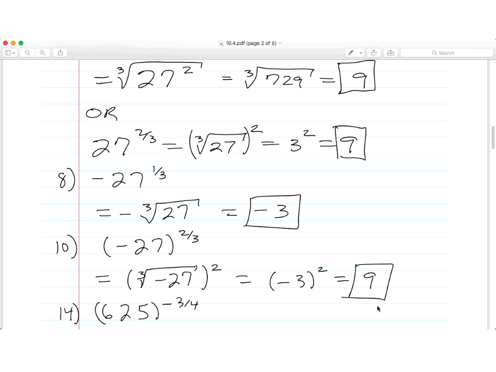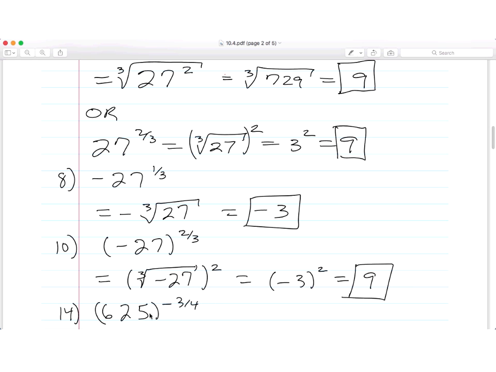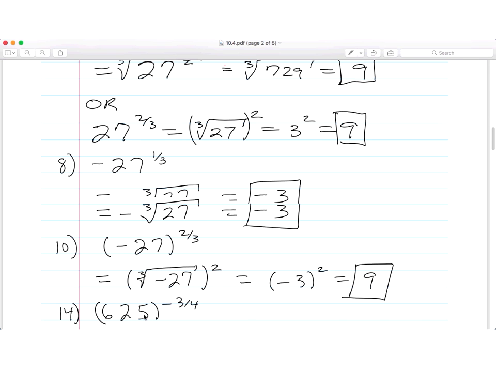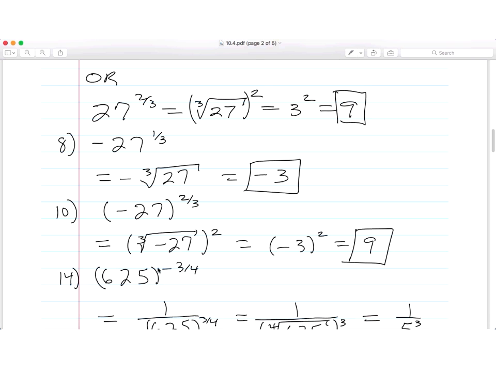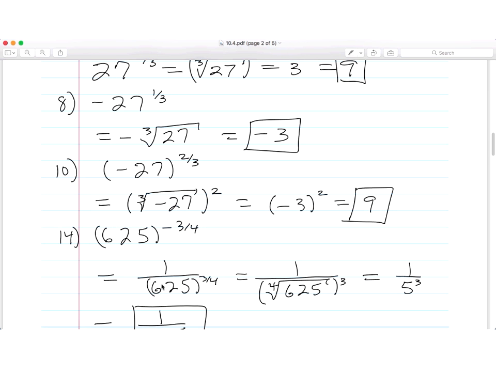Let me do problem number 14. 625 to the power negative 3/4. I have a negative exponent. Since I have a negative exponent, that says take the reciprocal. So let's take the reciprocal of 625 to the 3/4.